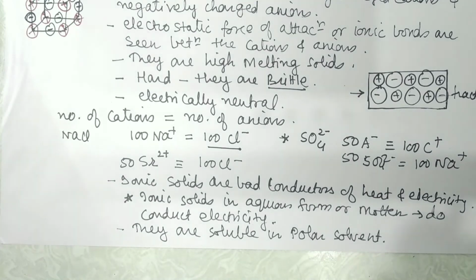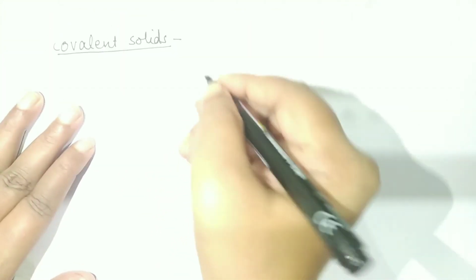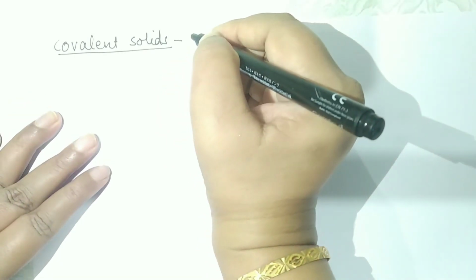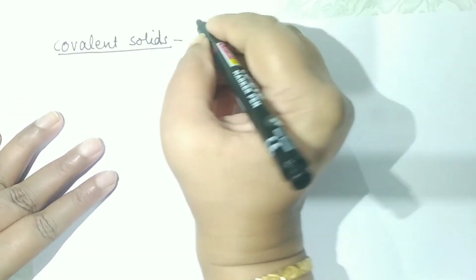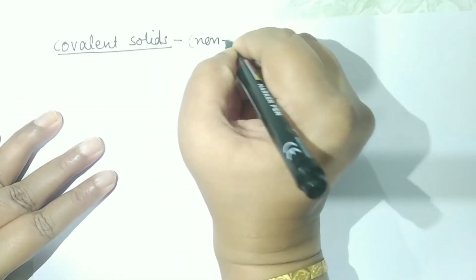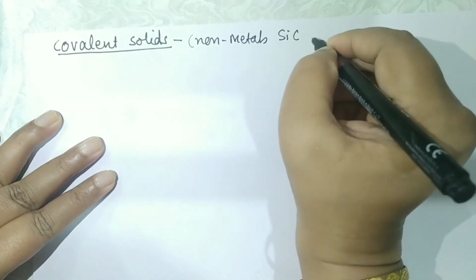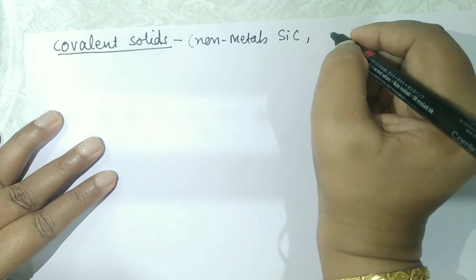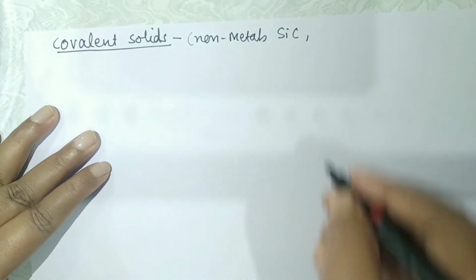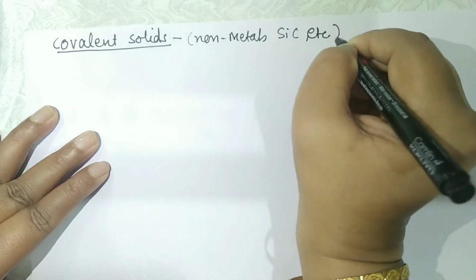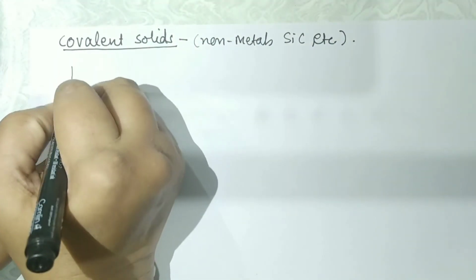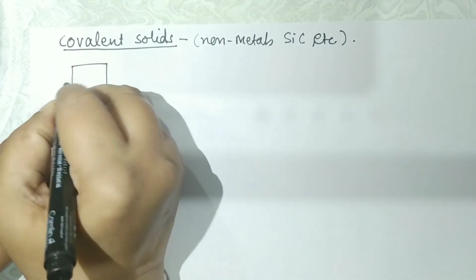Let us move on to the next type, that is covalent solids. Covalent solids, the examples here can be of your non-metals. Usually they show this. So you can have silicon carbide or the allotropes of carbon or only silicon giant structures. So they can be the examples here. In covalent solids, the lattice points are atoms.